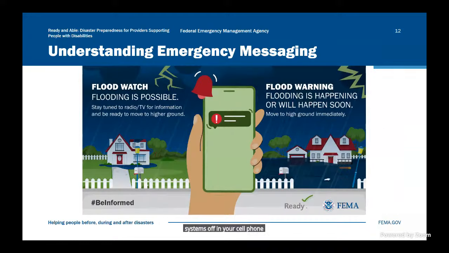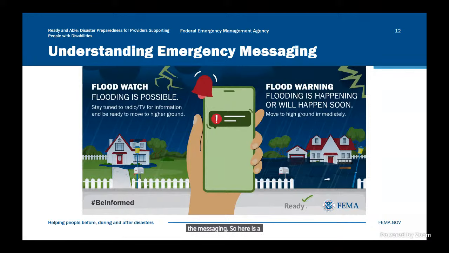And so now I'm going to talk about understanding emergency messaging, because it's obviously great to receive the emergency messaging, but you also need to understand what it means. So here's a graphic and you may have seen this messaging before, heard it, gotten it on your phone.